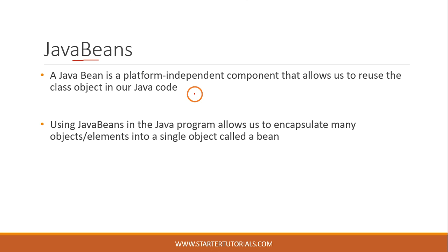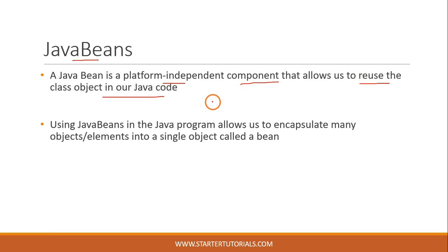A Java Bean is a platform independent component. Component means you can think of a file which contains a Java class. It is a platform independent component which allows users to reuse that code.